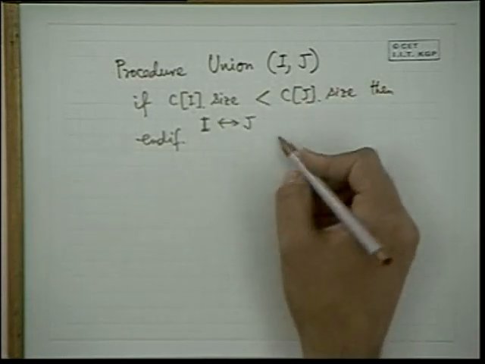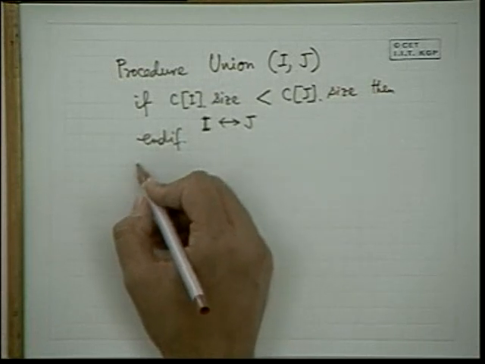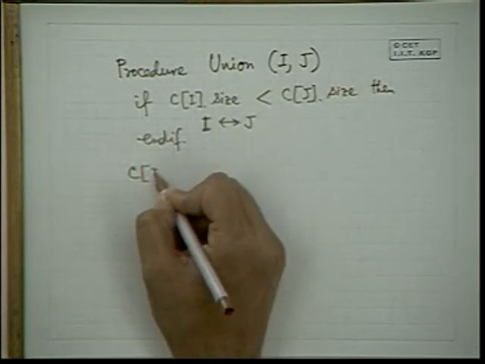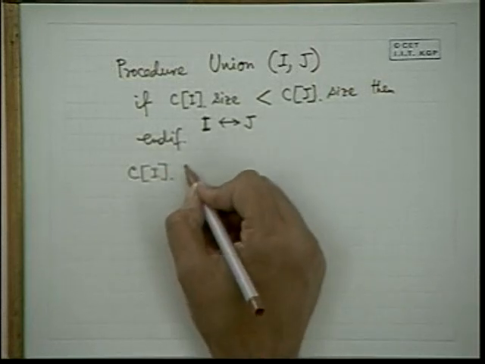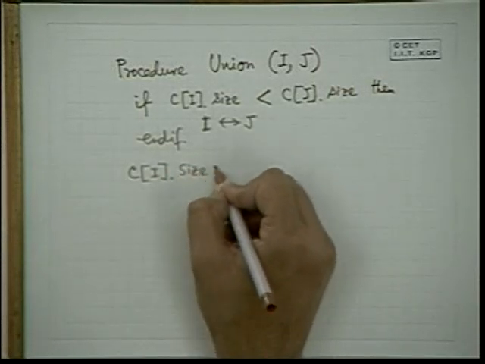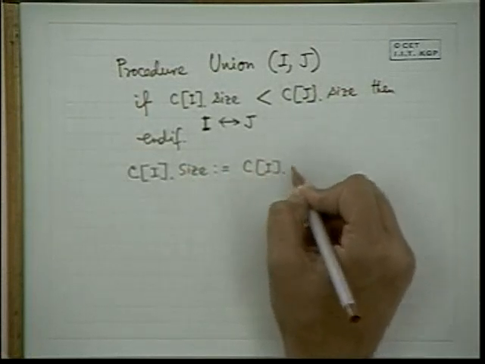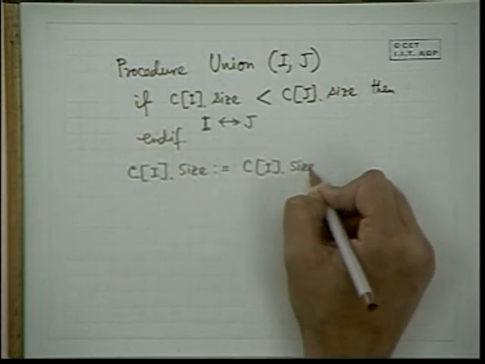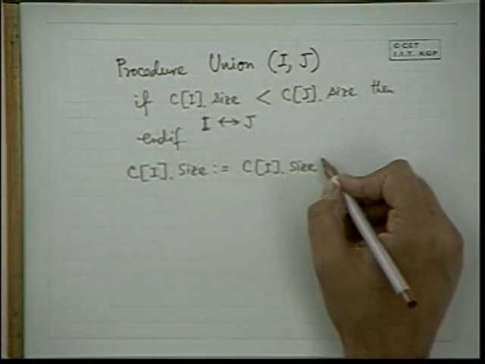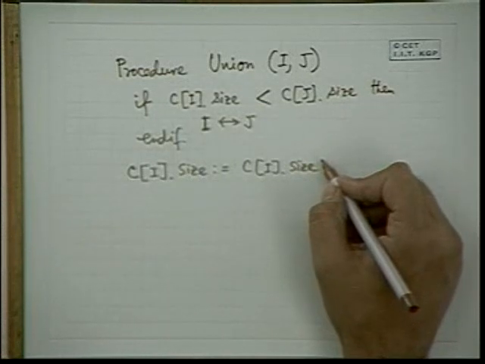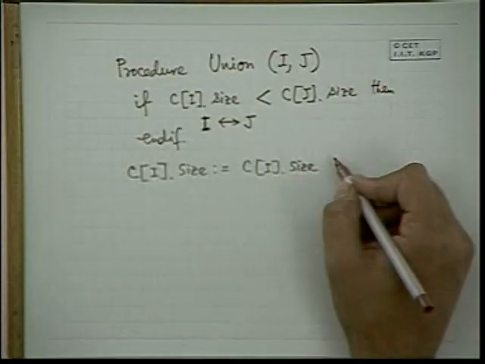Now you change the size field, Ci dot size. So I will be basically the name of the new set now, as we told, because I is a larger set, we are going to merge the smaller one to the larger. So I will be the name for all the elements now.